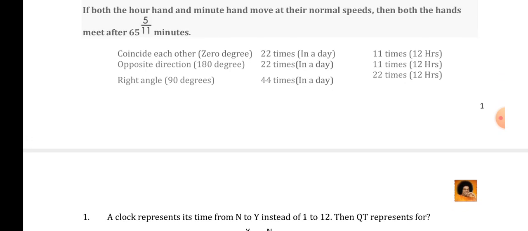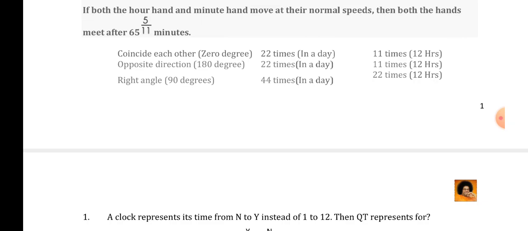Both the minute hand and hour hand coincide with each other, that means the angle between the hands is 0 degrees, 11 times in 12 hours and 22 times in a day.